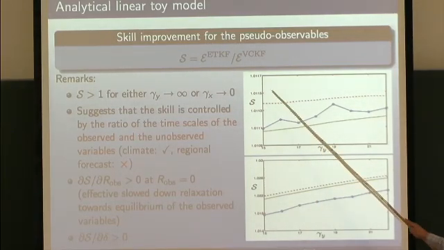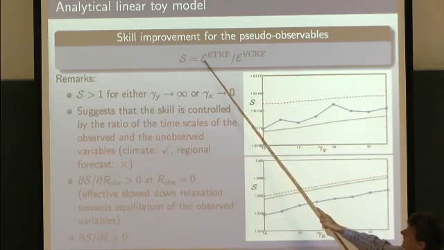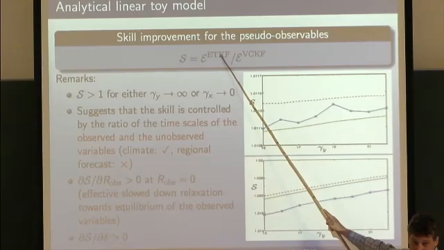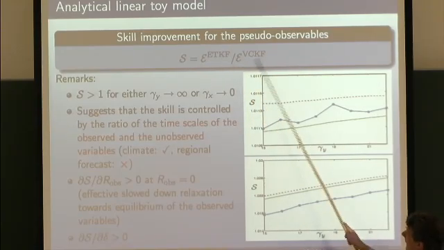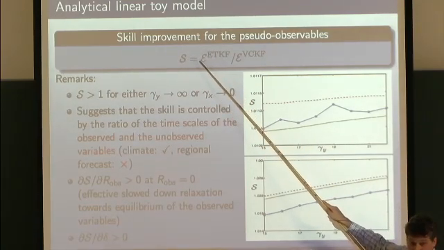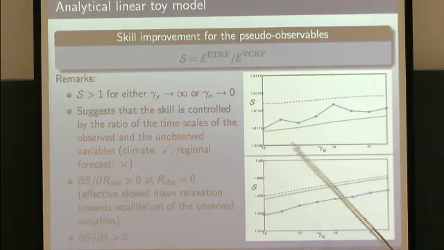What I've plotted here is the skill, the ratio of the error if we use the ETKF, the normal ensemble transform Kalman filter, and the error if we use our VCKF, our variance constraining Kalman filter. If that ratio is larger than 1, we actually have a skill improvement compared with the traditional ensemble Kalman filter.